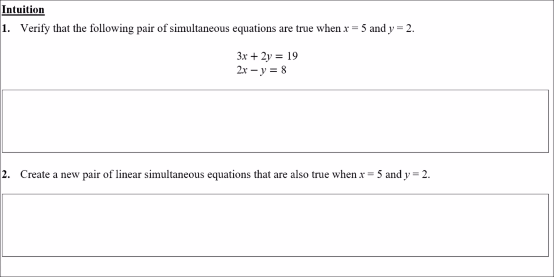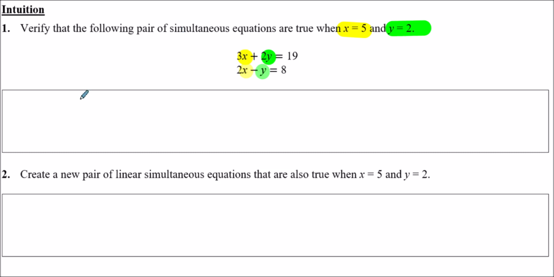Just going on the intuition of us, for part 1, let's verify that the following pair of simultaneous equations are true when x equals 5 and y equals 2. So if we're told that they're true when x equals 5 and y equals 2, then substituting in x is 5 and y equals 2 for both should make both equations work. So let's just try this. For the top one, if we substitute these values for x and y respectively, the equations should work out.